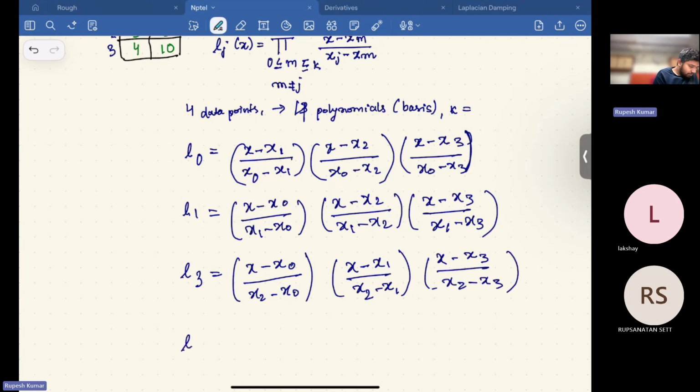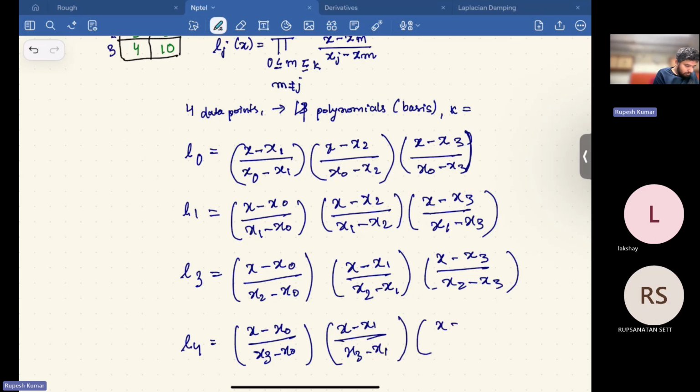Similarly, the last one, L3, is x minus x0 by x3 minus x0, into x minus x1 by x3 minus x1, into x minus x2 by x3 minus x2. So this is L0 of x, the first polynomial.